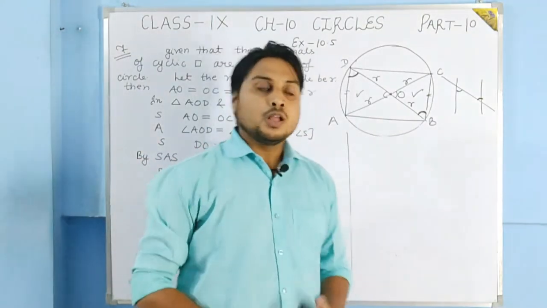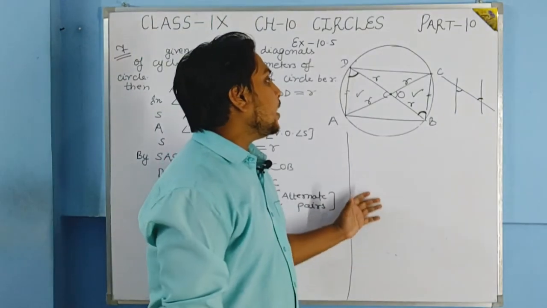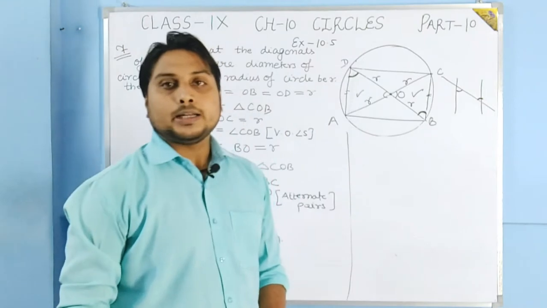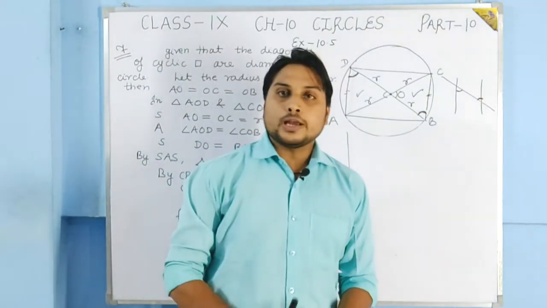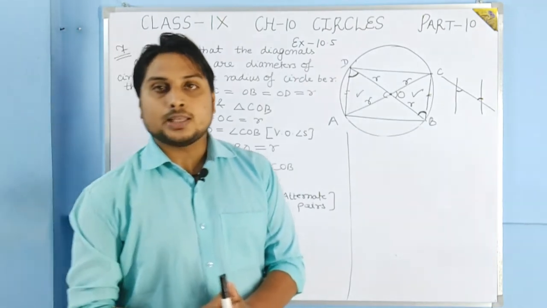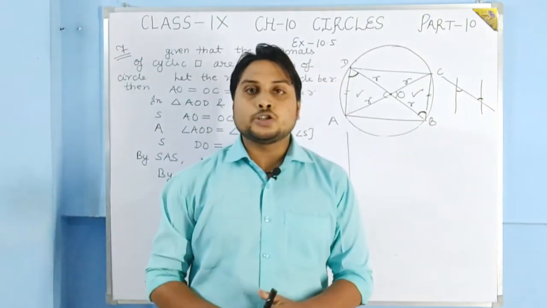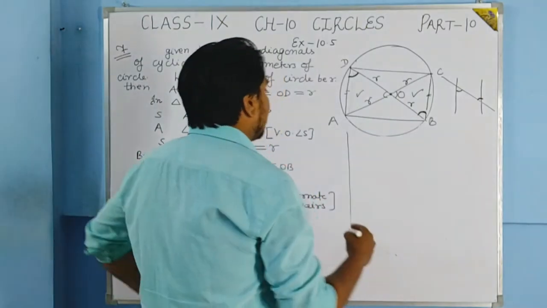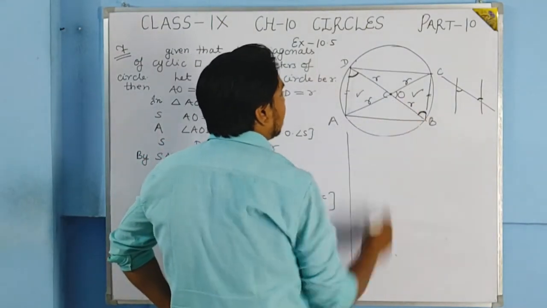Now we have to show the second target. The second target is to show that one angle of this parallelogram is 90 degree, and if we show that one angle of this parallelogram is 90 degree, then easily we can say that this is the shape of a rectangle, that ABCD is the shape of a rectangle. So how will we show that ABCD is a rectangle?